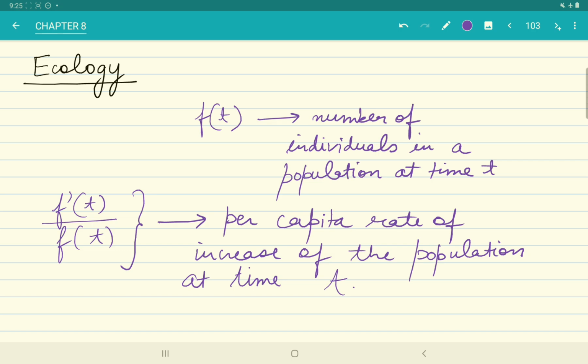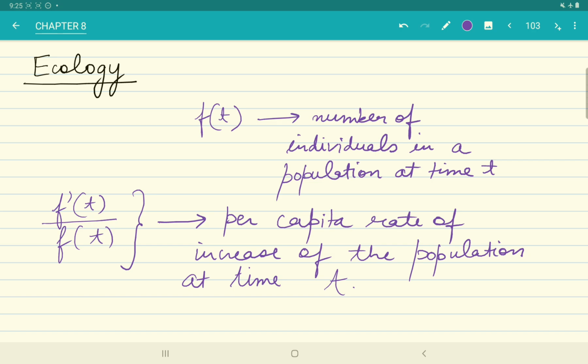Now, if there is no immigration, there is no emigration, that means people are not going out, people are not coming in. And when I say people, I'm also concerned about any individual. So if I'm concerned about a particular colony of bacteria, there is no immigration and there is no emigration.